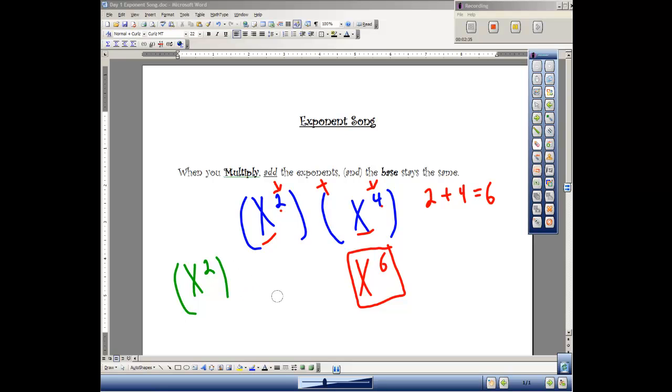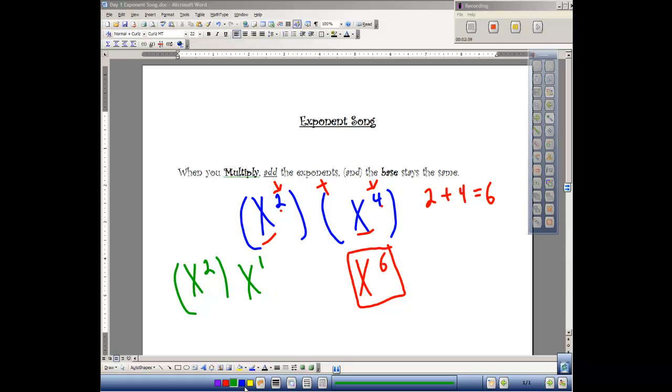I have x squared times x. What do we know about this exponent? I don't see it, but there's a 1 there. So I have x squared times x to the 1.